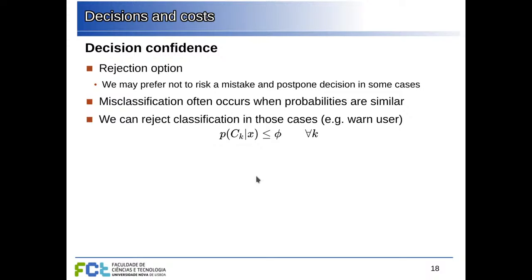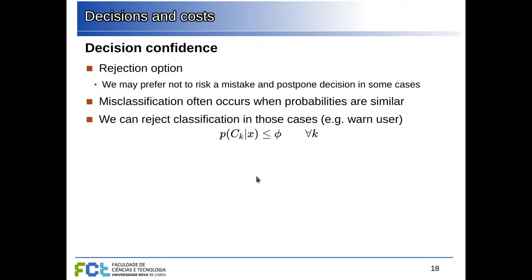Another problem is how confident we are about the recommendation, about the conclusion or the result of our system. Because it may be the case that we don't want to make a mistake, but we don't know exactly how to avoid that, and we can just postpone the decision.